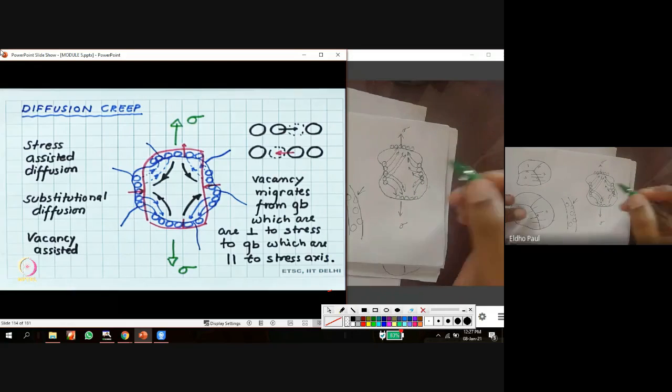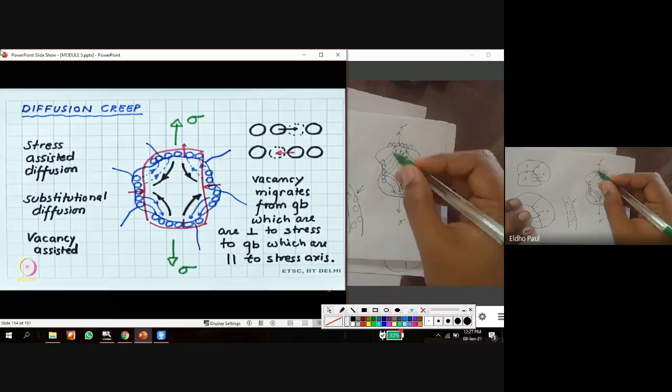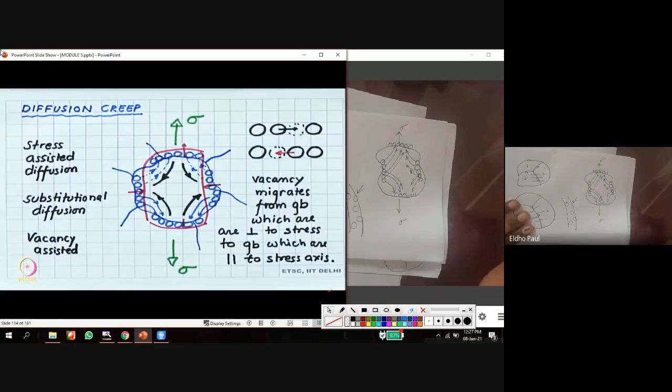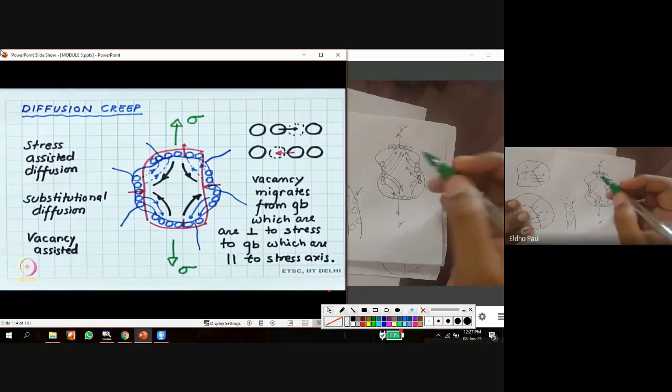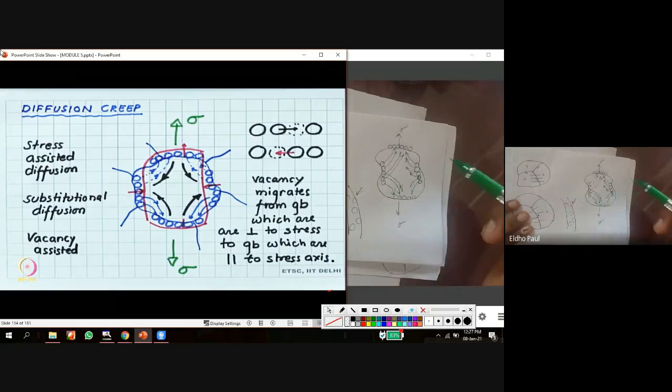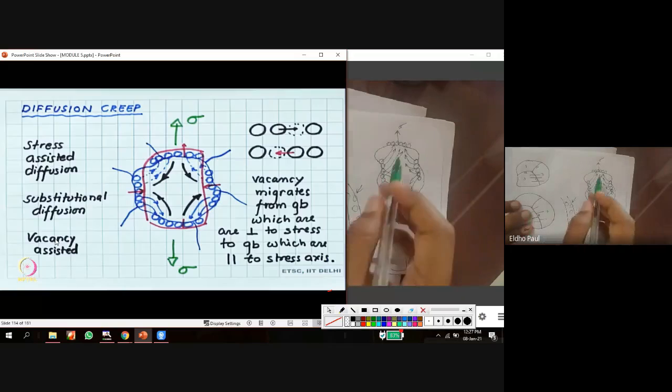Okay, so the atoms will move by means of diffusion at an elevated temperature, and this is a substitution diffusion process. This diffusion process is assisted by the stress. This is a stress assisted diffusion process, as well as a vacancy assisted diffusion process. How does this diffusion happen?